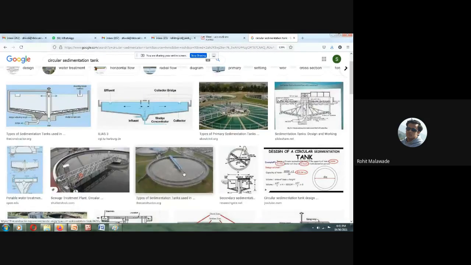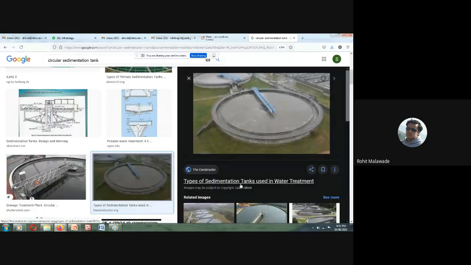See, this is how your circular sedimentation tank will look.